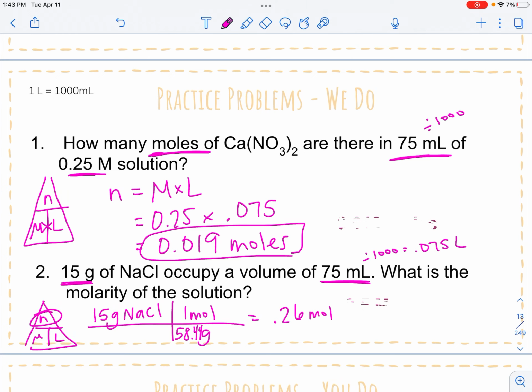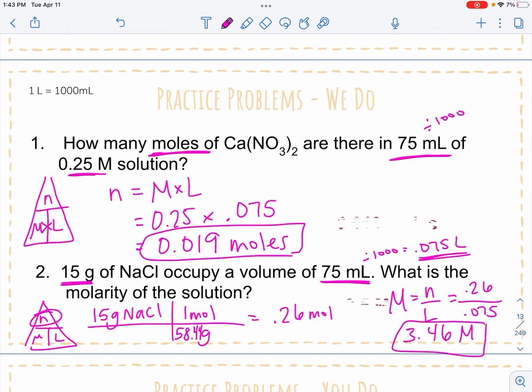So now I'm ready to use my formula to solve for my molarity. So 0.26 over 0.075, remember, because we converted our liters. And we end up with 3.46 molar.